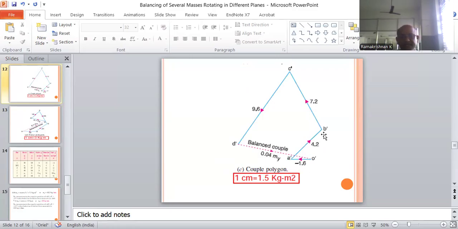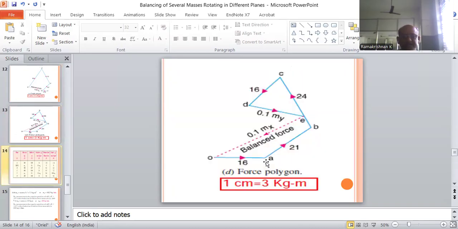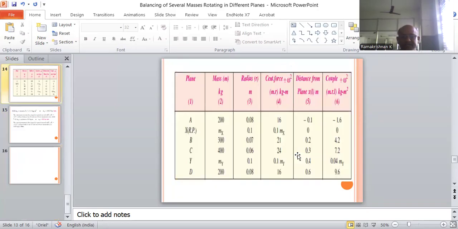All the vectors A and B are drawn parallel to plane B. Similarly, C, D. Here D dash and O dash can be joined. So the vector D dash O dash represents the couple value of the mass rotating in plane Y, that is 0.04 my.